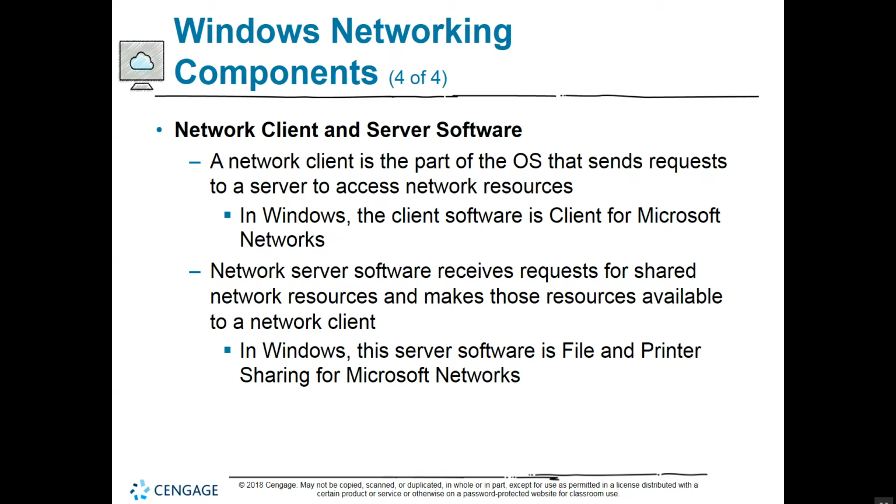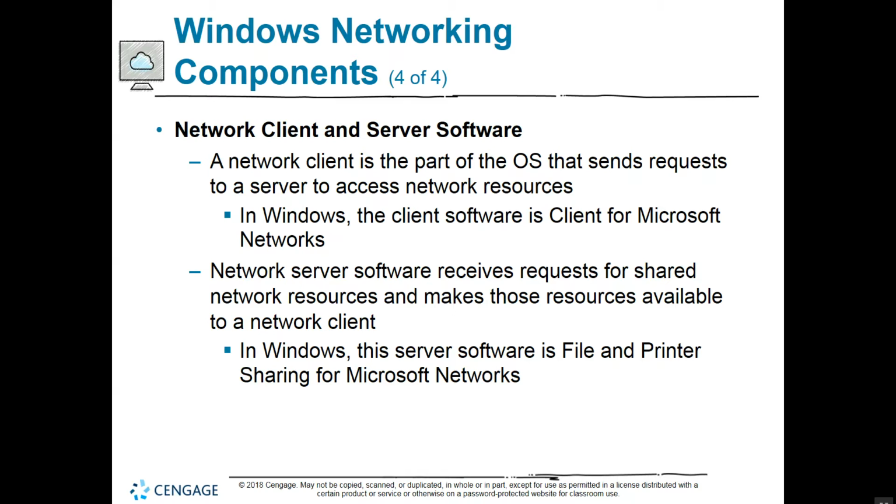So a network client's part of the OS, the operating system itself, and it sends requests to the server to access network services. It's almost like being in a room and throwing your hand up and saying, I have something to say. So if you're not able to do that, the communication is not going to take place. In Windows, the client software is called Client for Microsoft Networks.